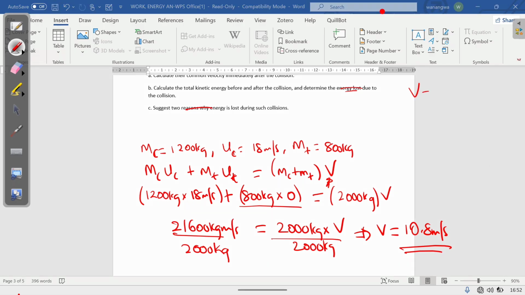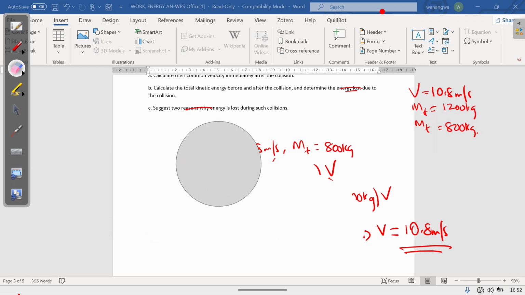We know that the common velocity is equal to 10.8 meters per second. What else do we know? Mass 1 equals 1,200 kgs. The mass of the trailer is 800 kgs.